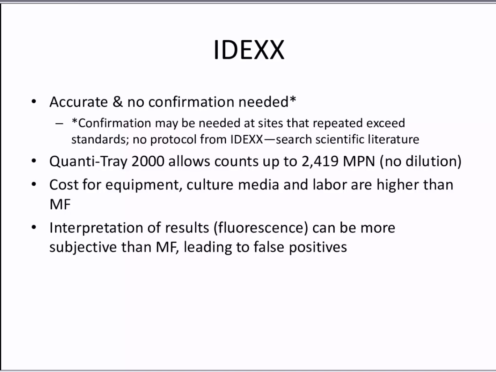The cost of equipment, the culture media, and labor are higher for membrane filtration. But then the disadvantage to using IDEXX is in the interpretation of the results. Remember that photo in the previous slide? Fluorescence can sometimes be subjective, leading to false positives.